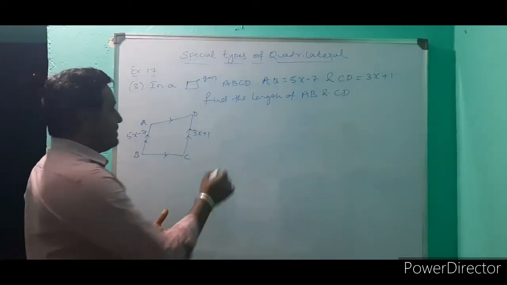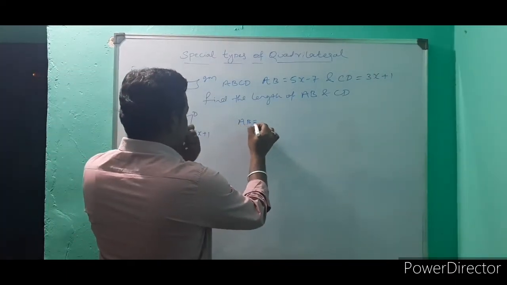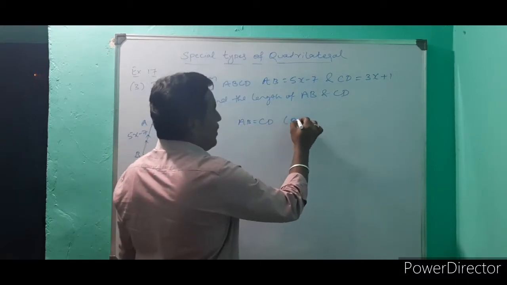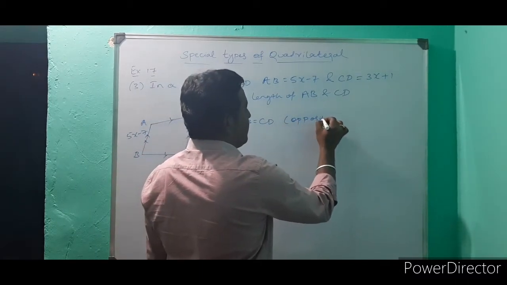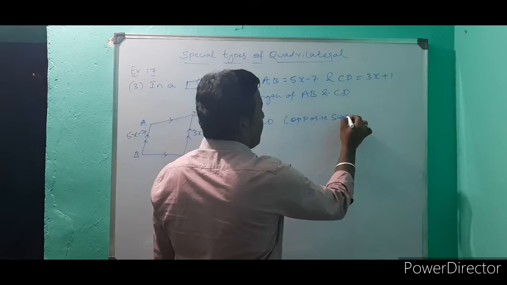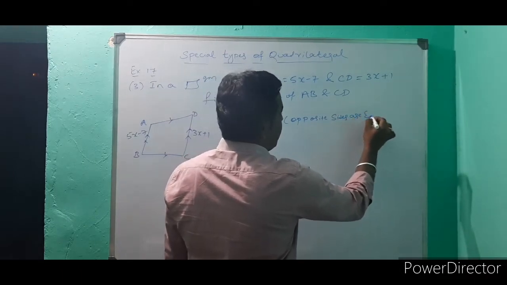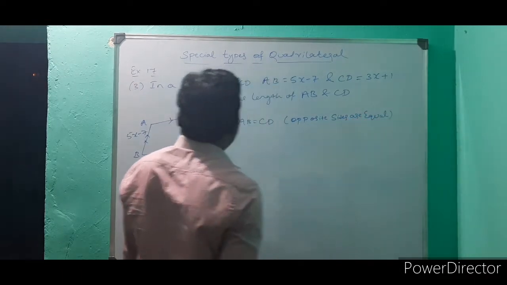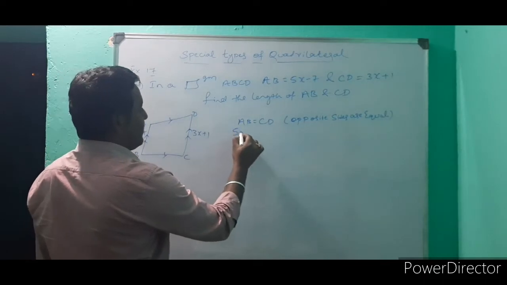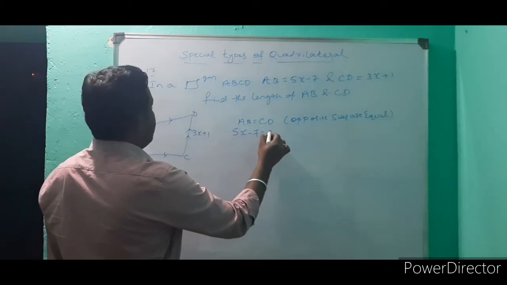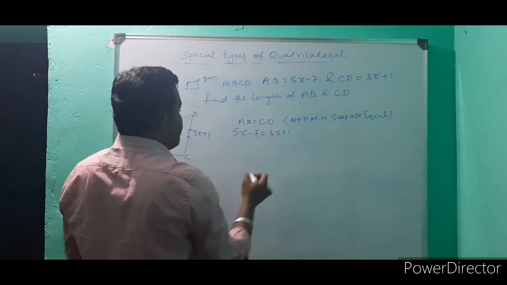So we know that AB is equal to CD. Opposite sides are equal in a parallelogram. So AB is equal to CD means 5x minus 7 equals 3x plus 1.